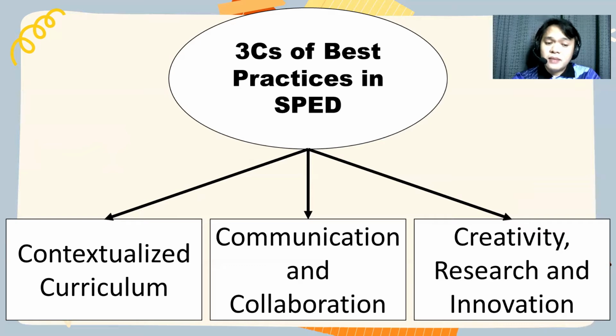Since we have a pandemic, we are obliged to adopt distance learning, and the presence of teachers is not visible. And the best partners that we can seek help from are the parents or guardians of our students. So we established open communication and collaboration with parents and external stakeholders.